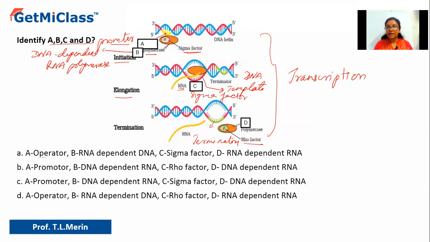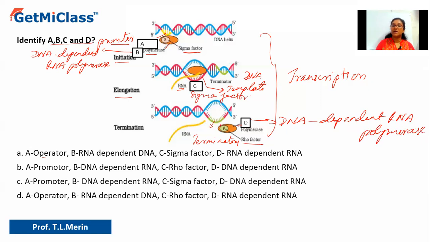And here they have mentioned D. What is D again? D is nothing but the polymerase only. Which polymerase is this? This is DNA dependent RNA polymerase. So it will still remain the same polymerase. Why is it DNA dependent? I have already told you, because it is dependent on the DNA sequence, the DNA template, which acts as the template for the synthesis of mRNA.